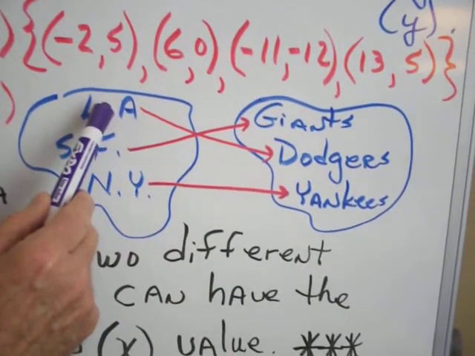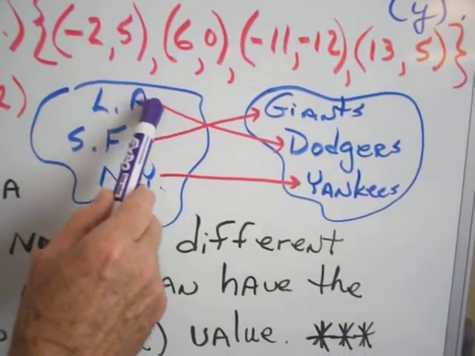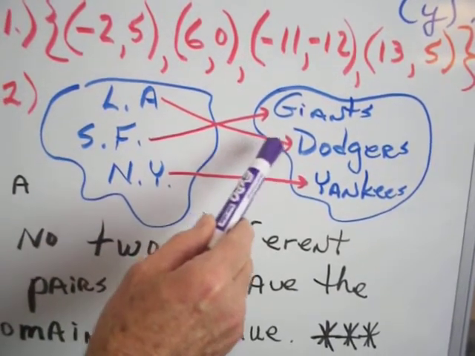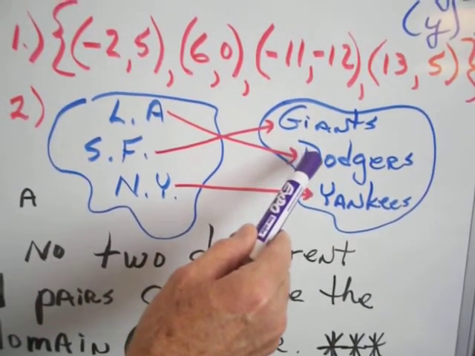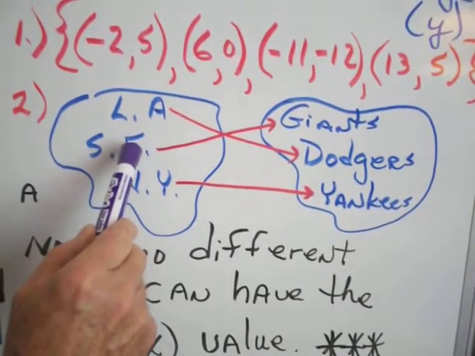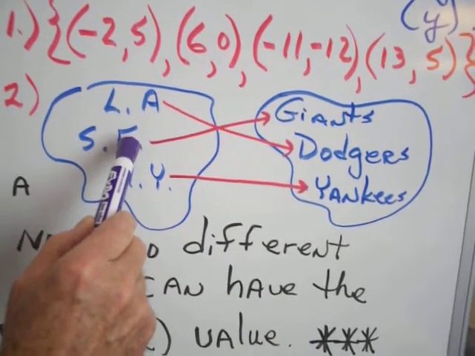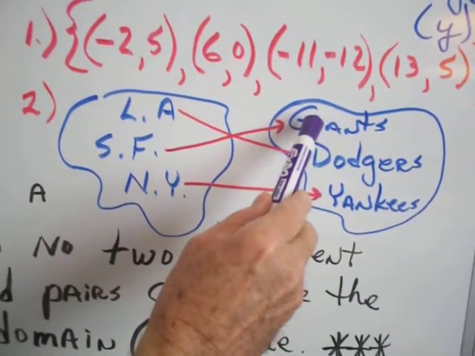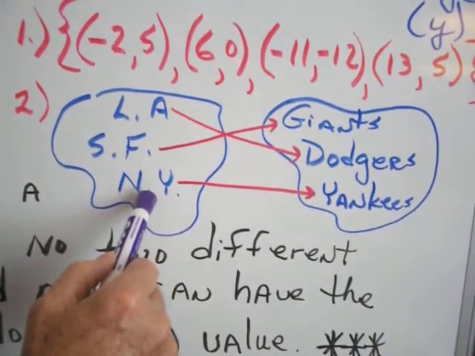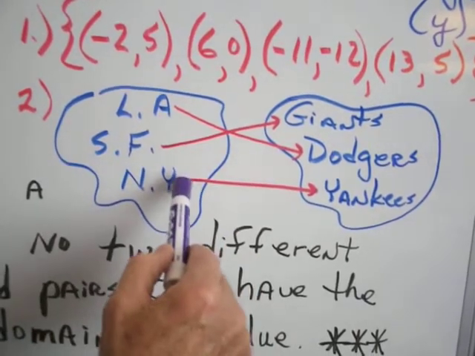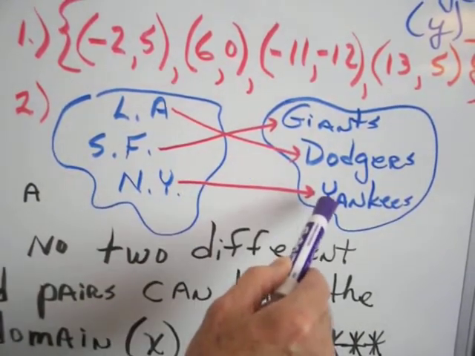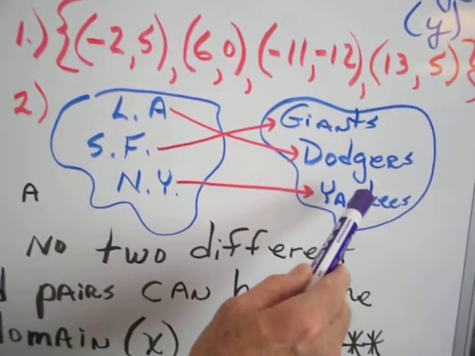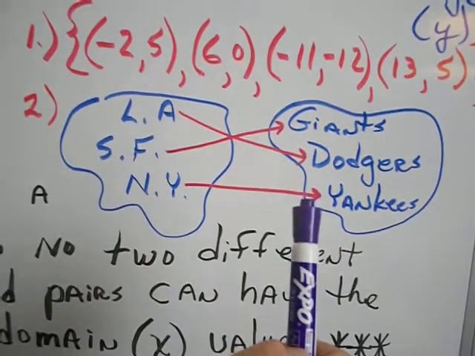The domain of Los Angeles is corresponding to exactly one range value, Dodgers. San Francisco, the domain, is corresponding to exactly one range value, the Giants. And New York, the domain, is corresponding to exactly one range value, the Yankees.